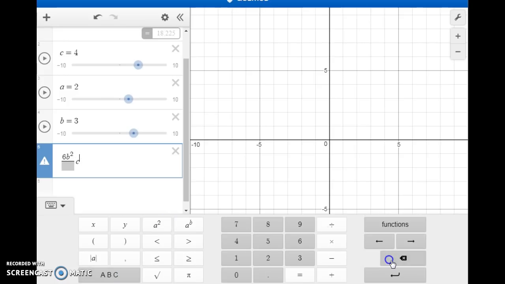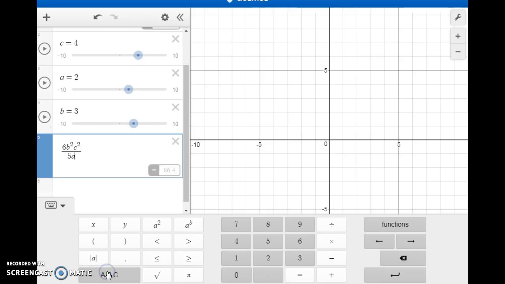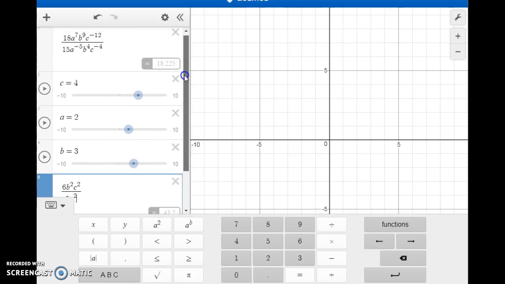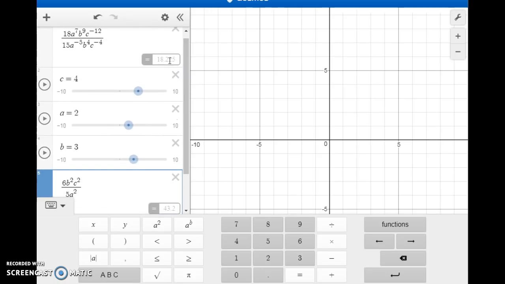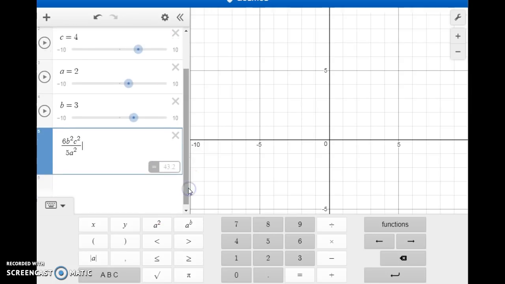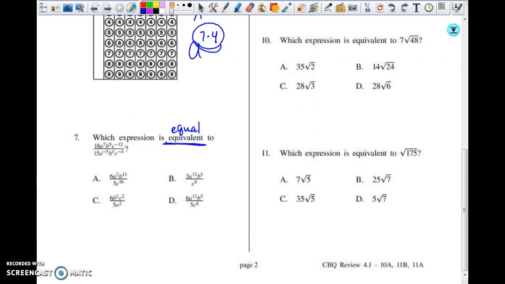Sorry, you've got to make sure you put it back. And then the bottom was 5a squared. Okay. Do my numbers match? So are they equivalent? So is that my answer? No, that's not my answer.